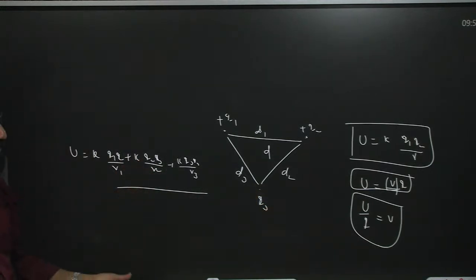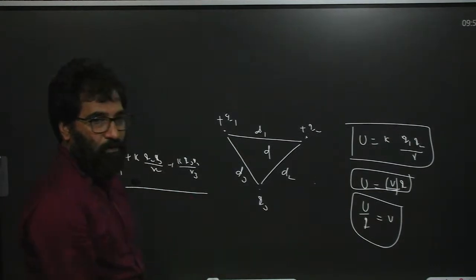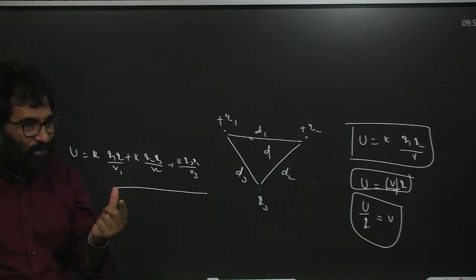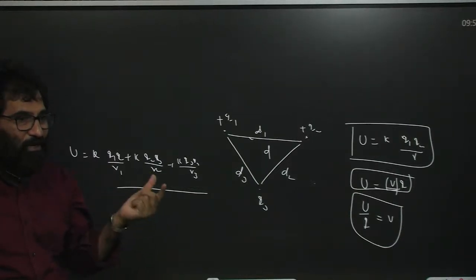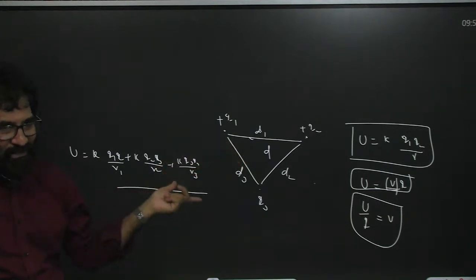Suppose we bring a fourth charge, Q4. How many terms do we get? nC2. How many charges are there here? 3 charges, and the interaction is between 2 charges. How many pairs do we get? 3C2, which means 3 only.